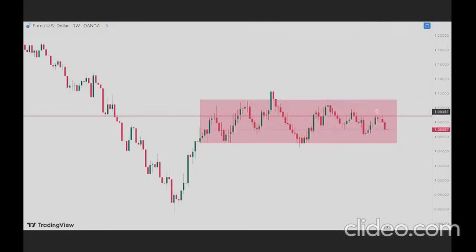Being rejected on this one, this resistance, so the market rejected several times.